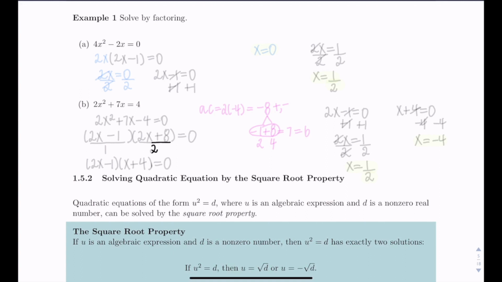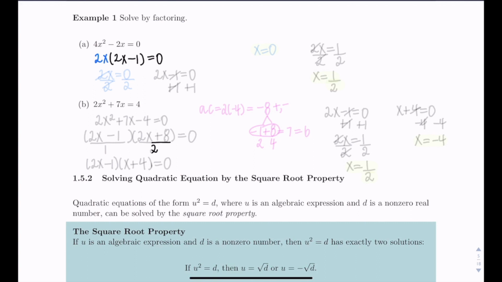So we can take a 2x out of both 4x squared and negative 2x. Let's factor that out. And what we have left over is 2x times 2x minus 1 equal to 0. 2x is simplified and 2x minus 1 is also simplified.